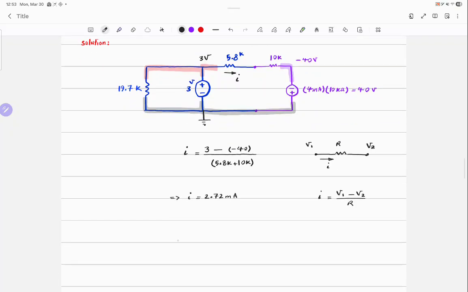So what is the power? The power absorbed by the 5.8 kilo ohm resistor is equal to 5.8 kilo ohm times I squared, and it's equal to 42.91 milliwatts.